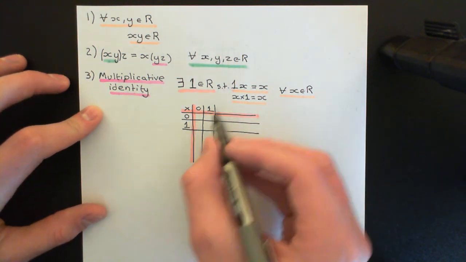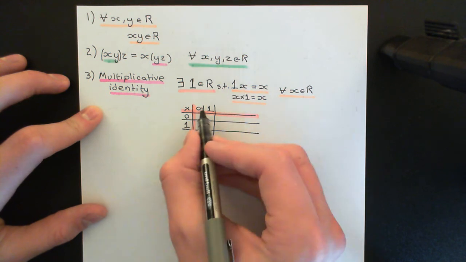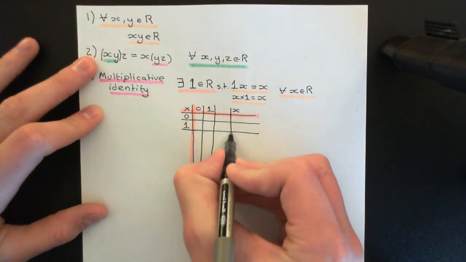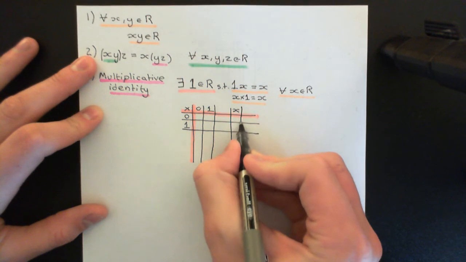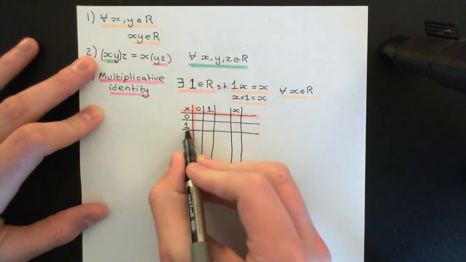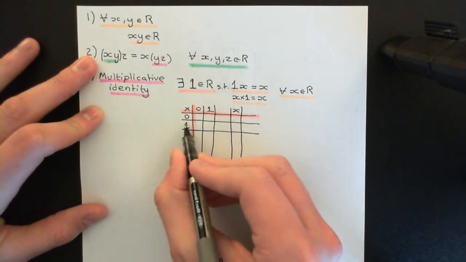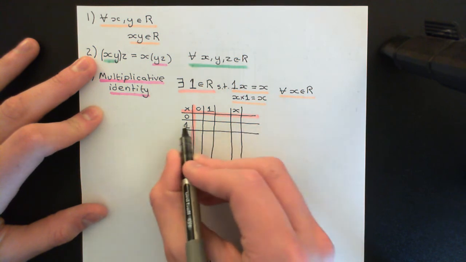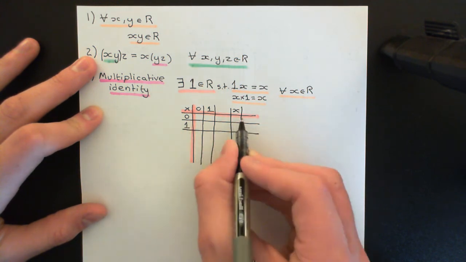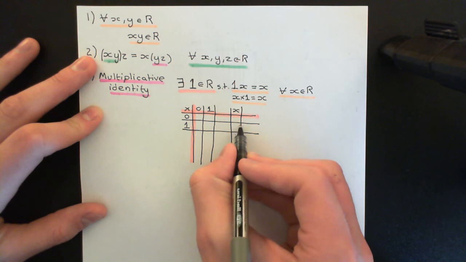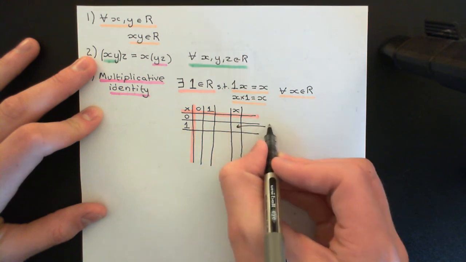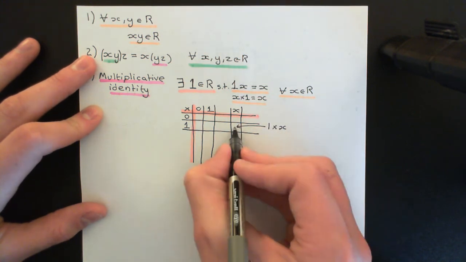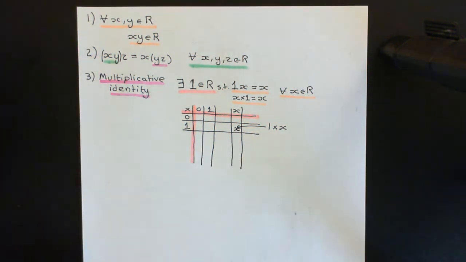So 1 multiplied with any element of the ring: take the column dedicated to that element x, and 1 multiplied by that will be the answer in the box at the intersection between the row corresponding to 1 and the column corresponding to x. I've now said that this must be equal to x.